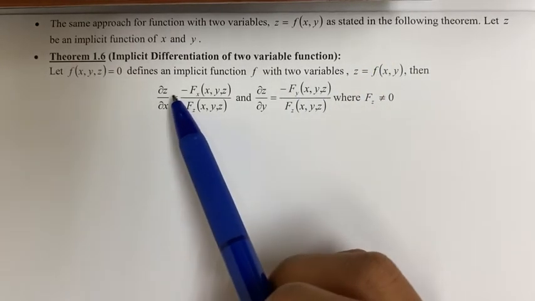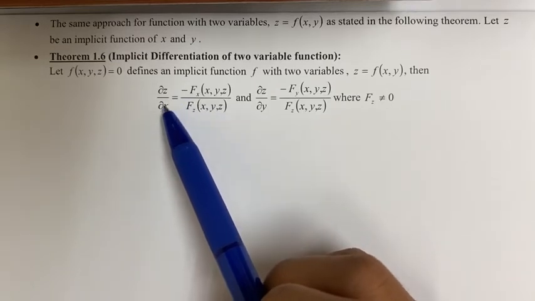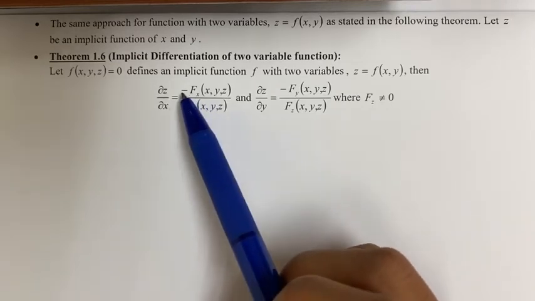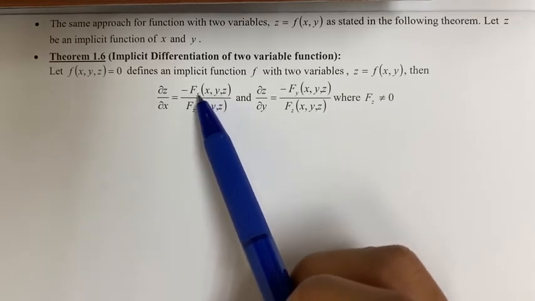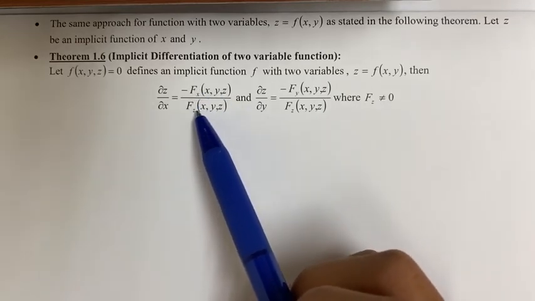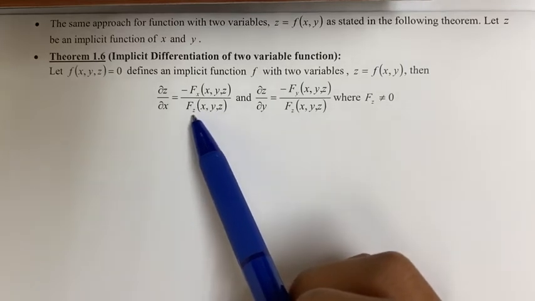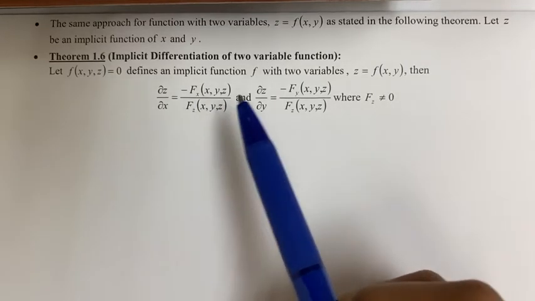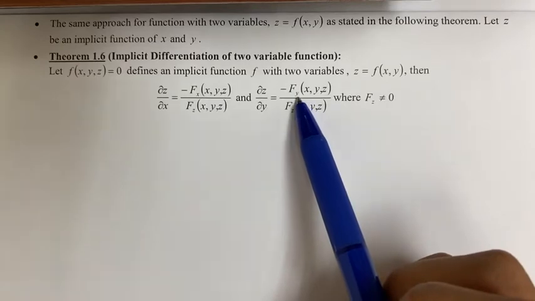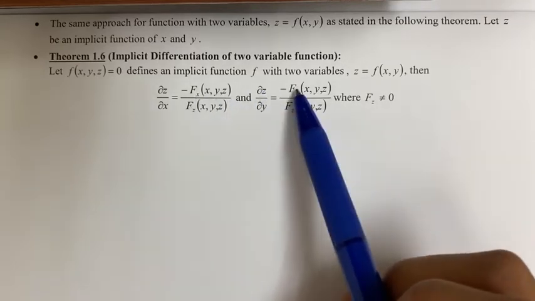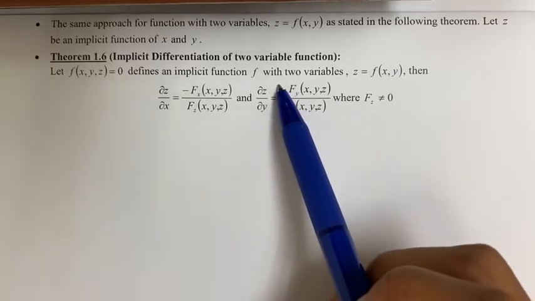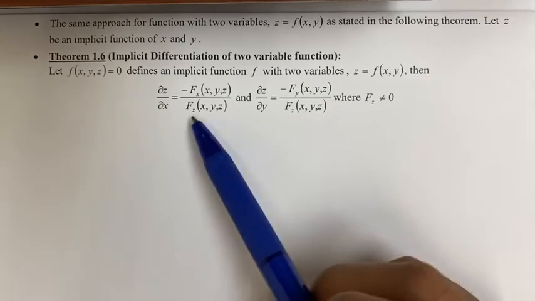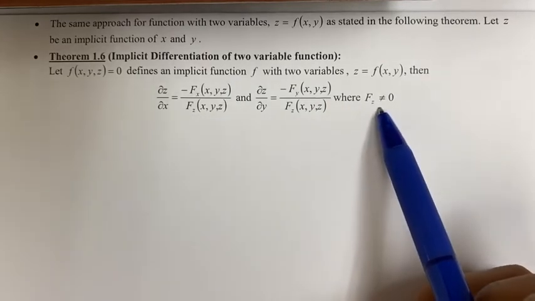Then to find del z over del x is minus, okay, differentiate your f(x,y,z) with respect to x divided by differentiation of f(x,y,z) with respect to z. Okay, and then for del z over del y, instead of fx, you have fy. Then you have fz for the denominator. Then you have minus here. Okay, so fz must not equal to 0.